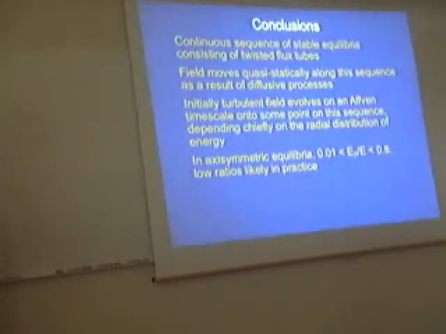You can produce one of these equilibria given a turbulent initial field, and depending on what kind of field that is and what its radial energy distribution is, you can land on any point of the sequence on a dynamical timescale, and then it evolves along this sequence.